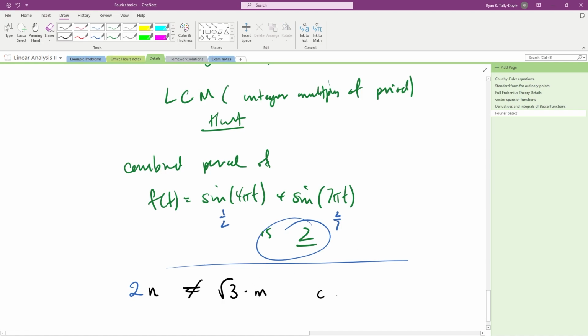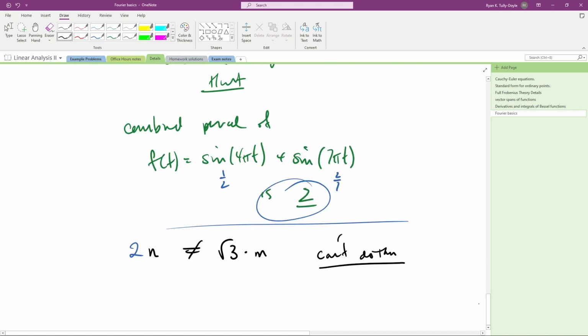You can't do this. There is no possible way this can happen, where this is some kind of irrational number. What that means is there'll never be a least common multiple if you have a function that has period 2 and a function that has period root 3, because there's no integer multiple of both of them. It just doesn't exist. I mean, there's a contradiction here.